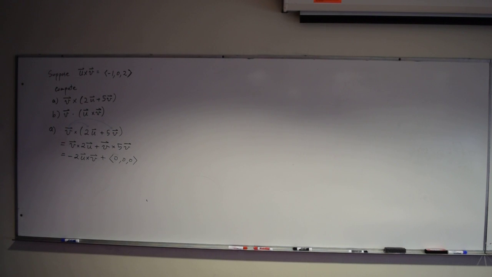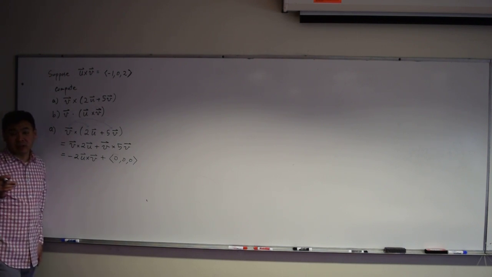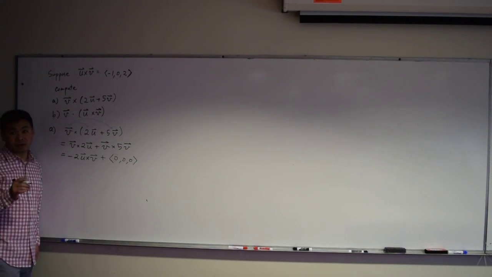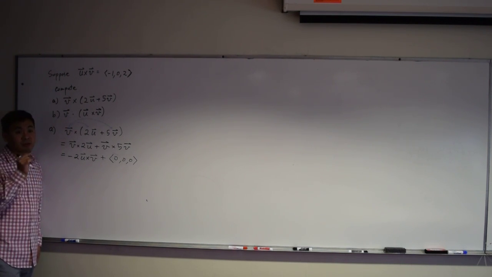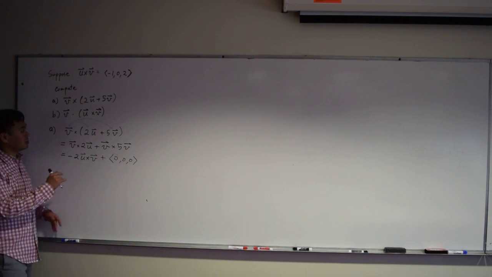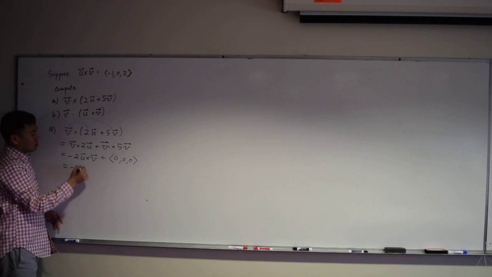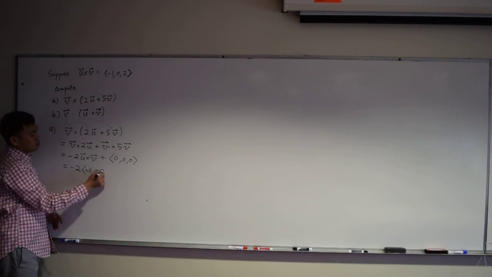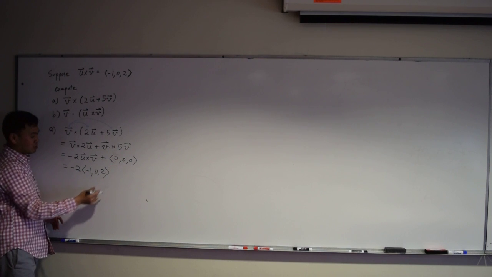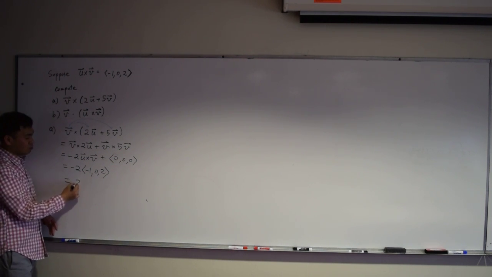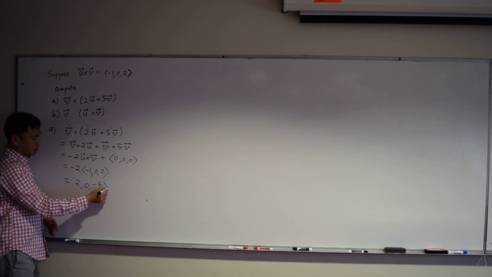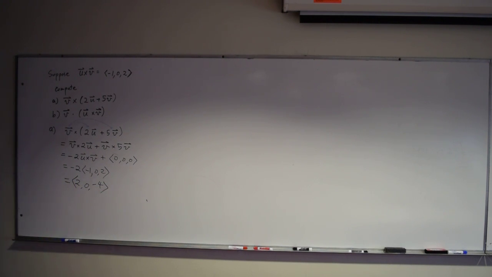Always keep that in mind, and never make that mistake. When you are solving your exam problems, always write a vector answer for a cross product and a scalar answer for a dot product. All right, so negative 2 times u cross v can now be replaced by negative 1, 0, 2, and that's a 0, 0, 0. It doesn't matter if you add them. So you get 2, 0, negative 4 as the answer to the first one.